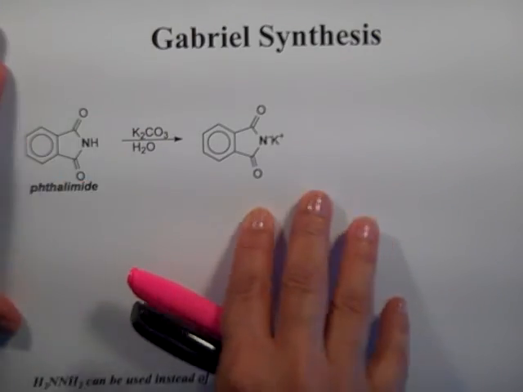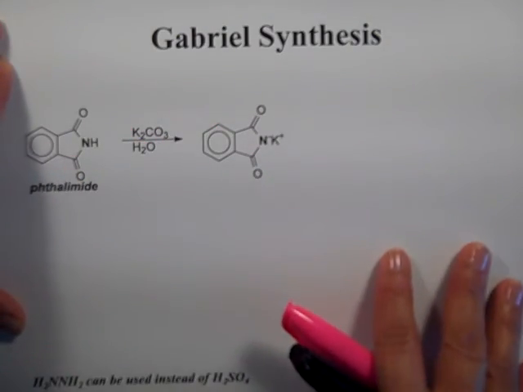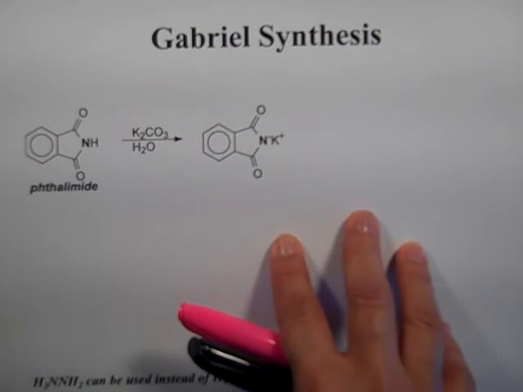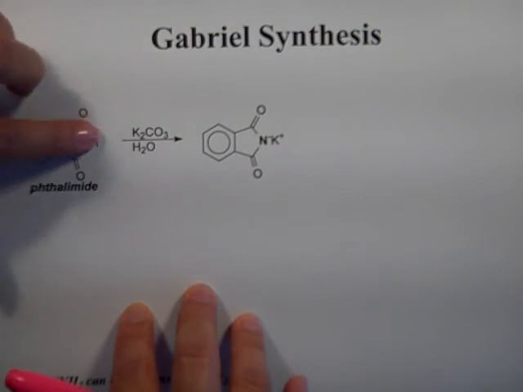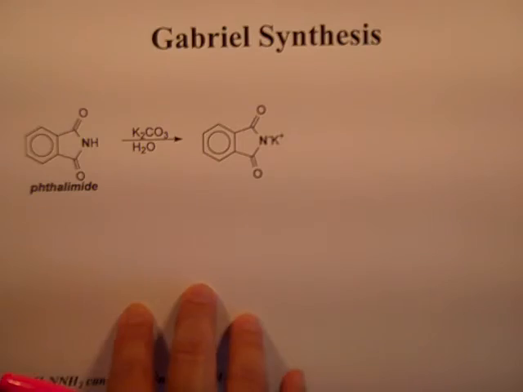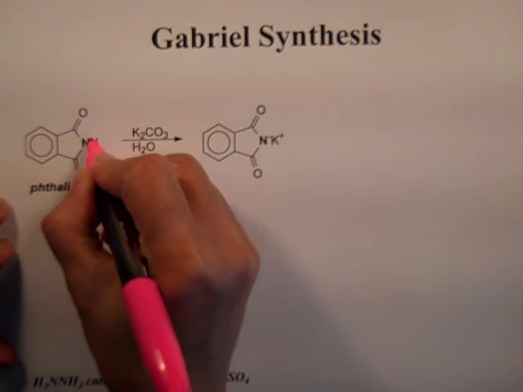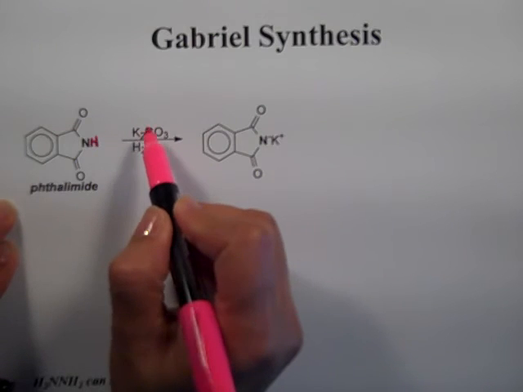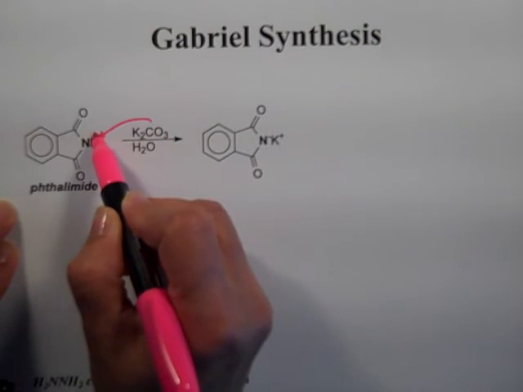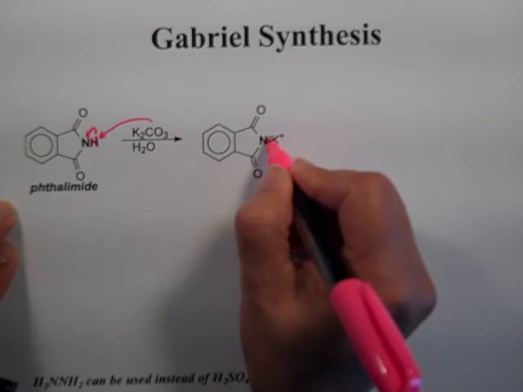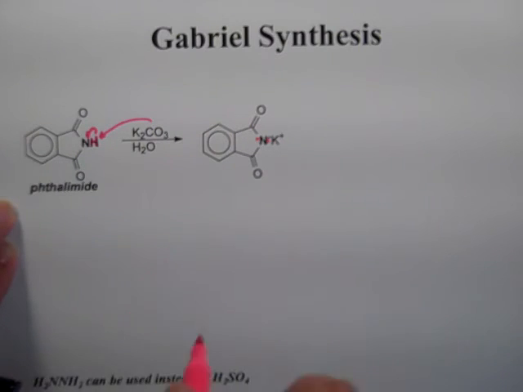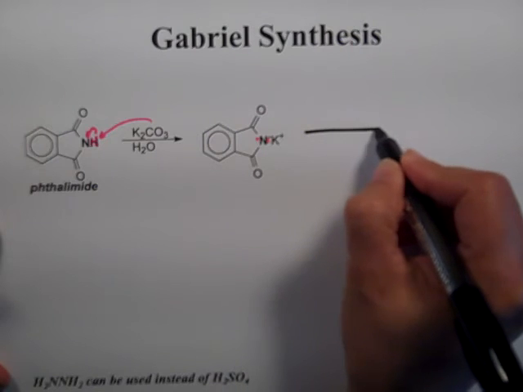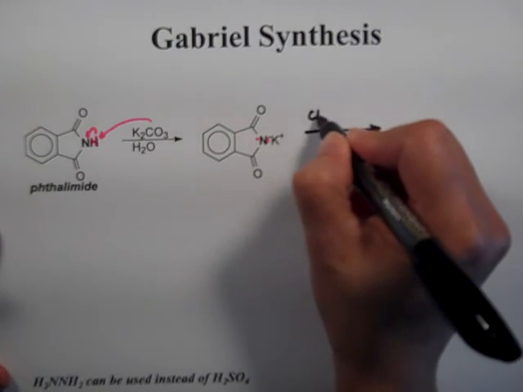Now the Gabriel synthesis, it's a little longer, but it's quite effective. So this is phthalimide right here, and phthalimide has a hydrogen that's acidic. With potassium carbonate, I can deprotonate the nitrogen, making it negative, a good nucleophile, and I can alkylate it with whatever I want.